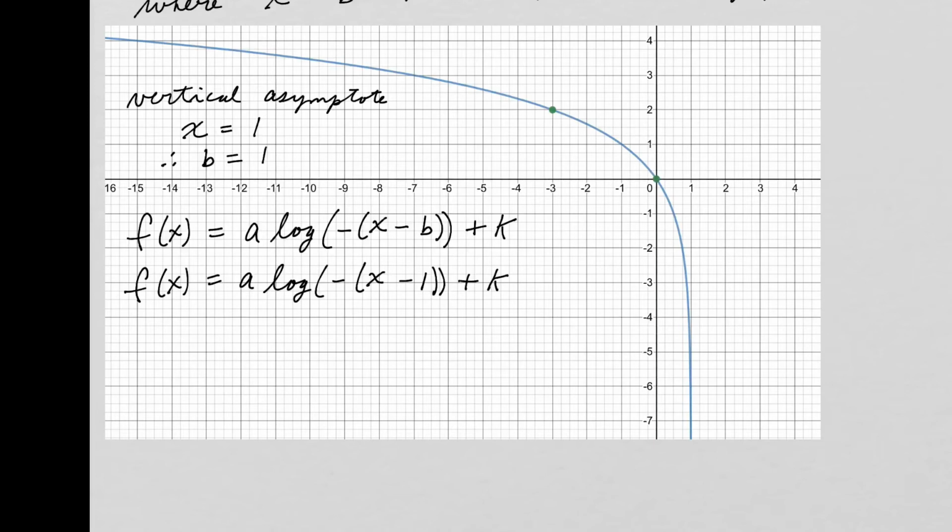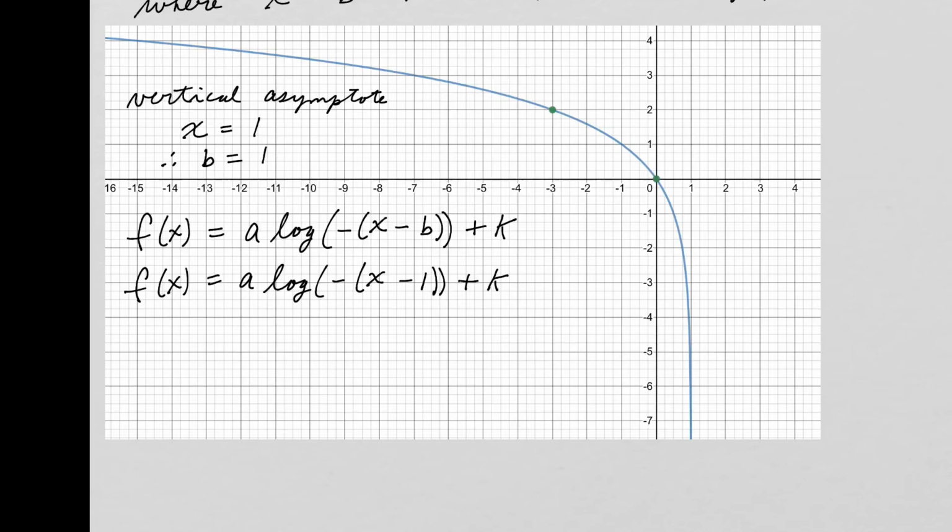Why? Because I just have to plug in 2 points that lie on the graph of that log function. And I actually emphasize 2 points here, right? I know 0, 0, the origin lies on that graph, and this point right here, negative 3, 2. So I can use those 2 points, plug them into this equation, and I can solve for a and k.